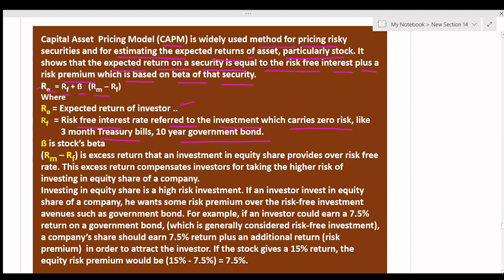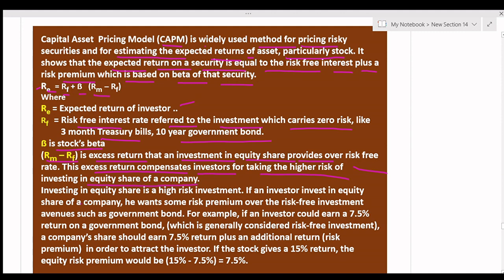Beta is the stock's beta, and RM minus RF is the excess return that an investment in equity share provides over the risk-free rate. That is, RM is the return on market and RF is the risk-free interest. This excess return compensates investors for taking the higher risks of investing in equity share of a company.